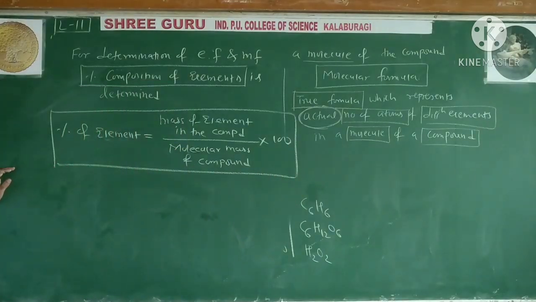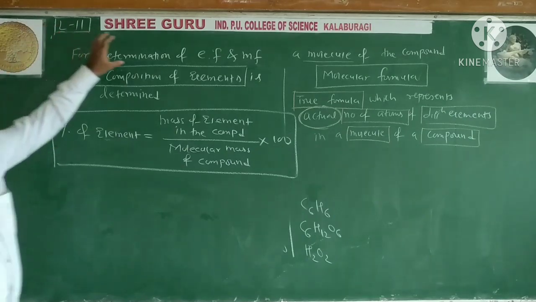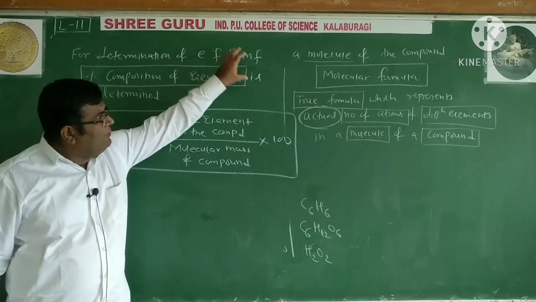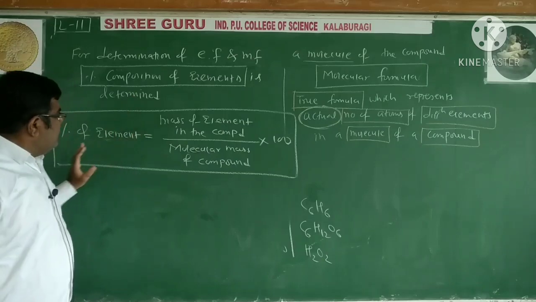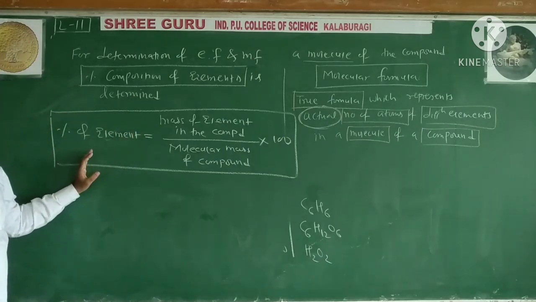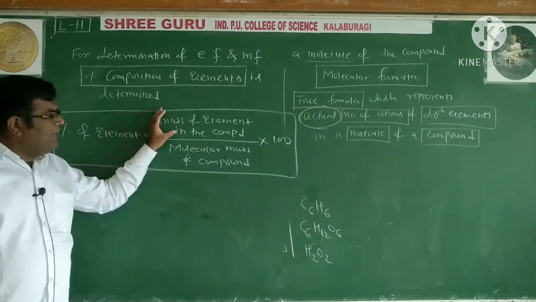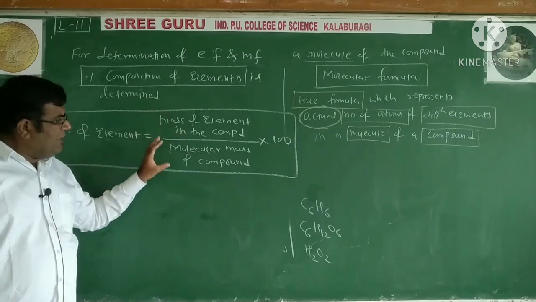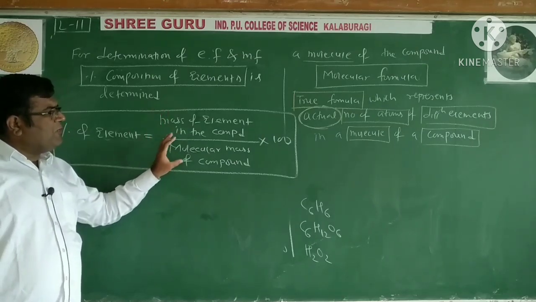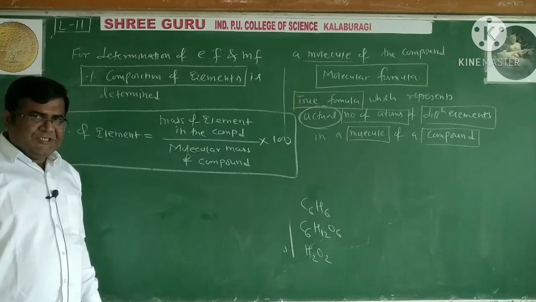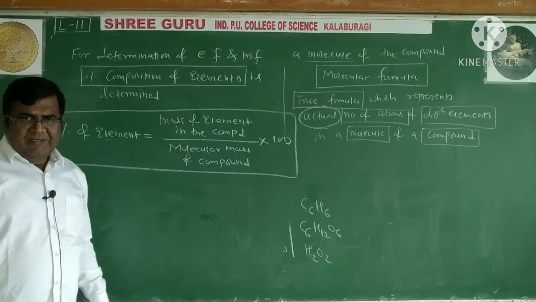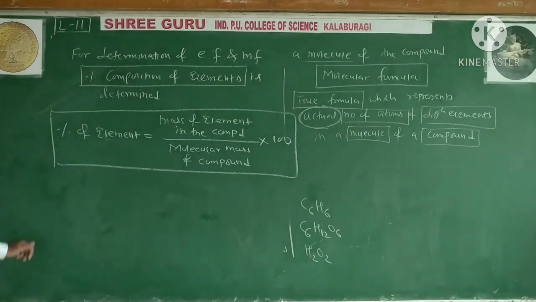This is the formula. This is to be first determined. Then empirical formula is determined. And then molecular formula is determined. So percentage of element is nothing but mass of element in the compound divided by molecular mass of compound multiplied by 100. We'll see by taking an example how this percentage of element is determined.